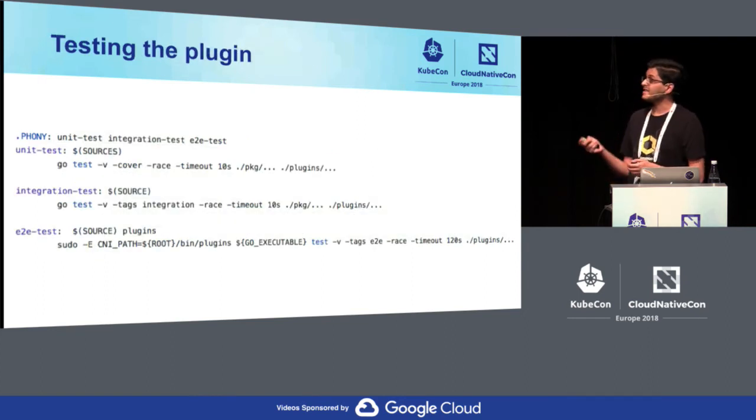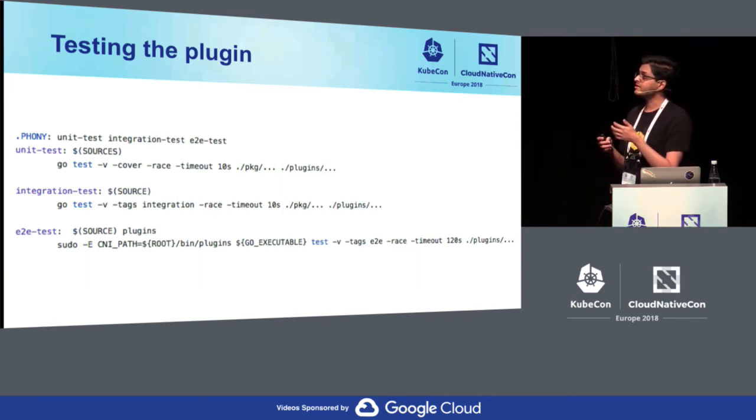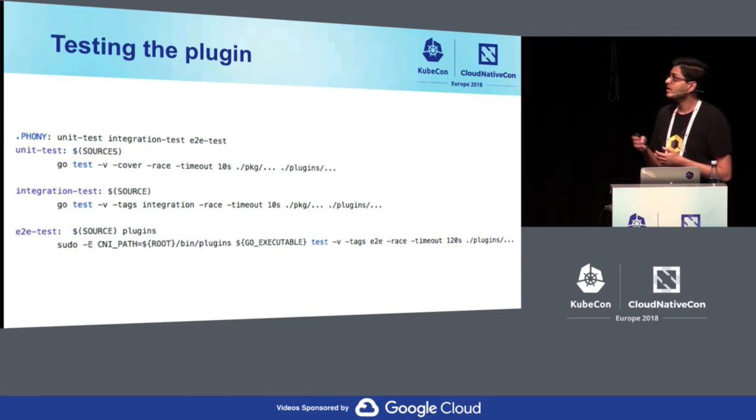Next, testing the plugins. We actually have close to 100% unit test coverage. Not that it guarantees absence of bugs, but it's great to have that sort of coverage. We also run integration tests and end-to-end tests in our CI/CD pipelines. If you remember Dan Kohn's keynote from yesterday, CI is something that you should deeply care about if you don't already.